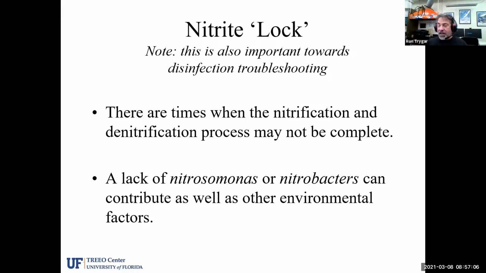There are times when the nitrification or denitrification process may not be complete. I would expound here and say that the nitrification side of things tends to be where it is more prone to happen. This is usually during higher flow periods when we don't have enough hydraulic retention time to complete the nitrification side of things. The denitrification part can be an issue, but we generally have a very quick denitrification occurring when everything is right.